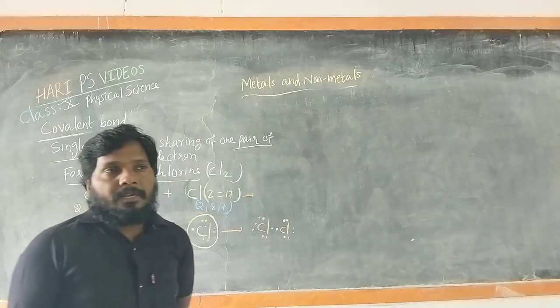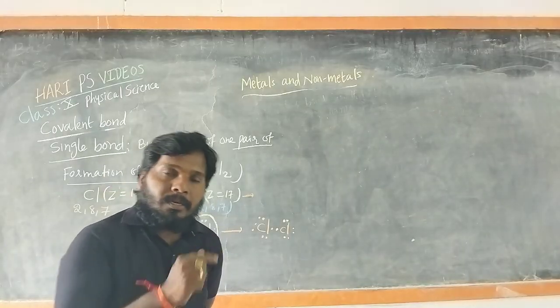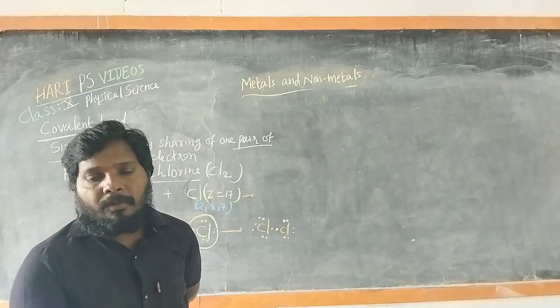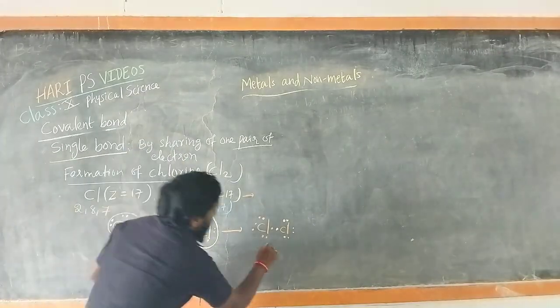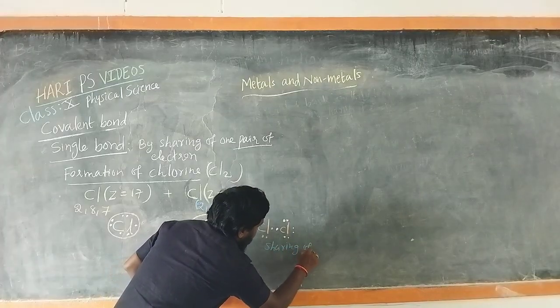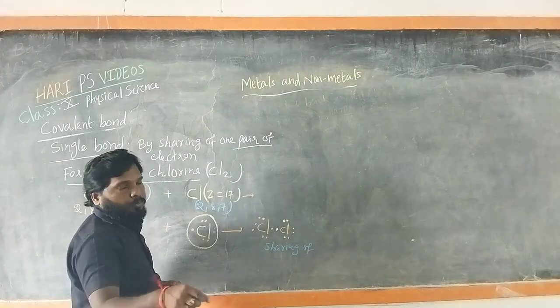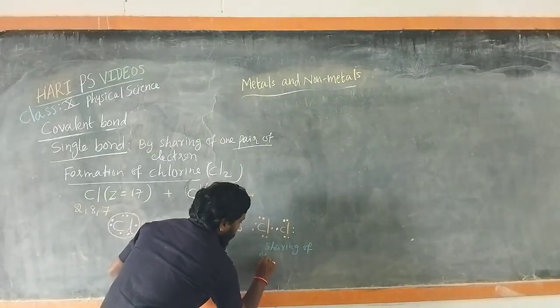How many electrons are shared here? 2. The first chlorine atom shares 1 electron, and the second chlorine atom also shares 1 electron. So the sharing here is of 2 electrons. 2 electrons represent 1 pair of electrons.